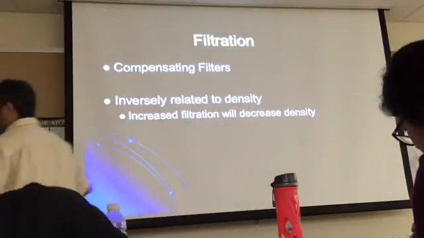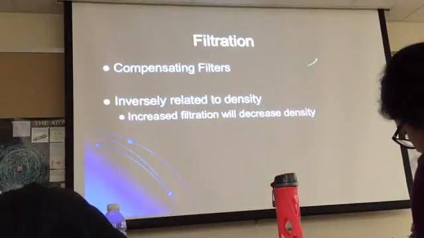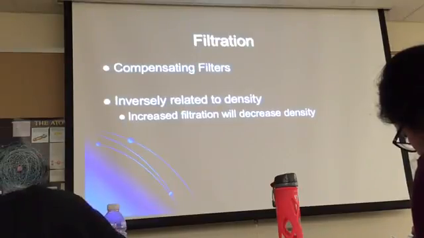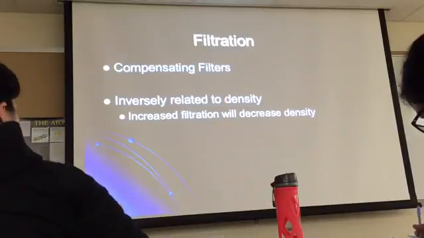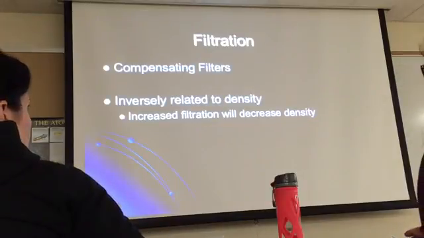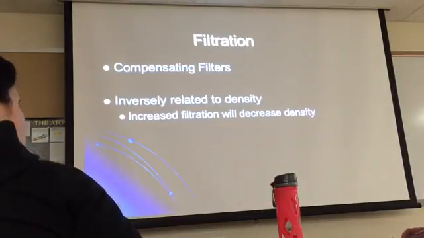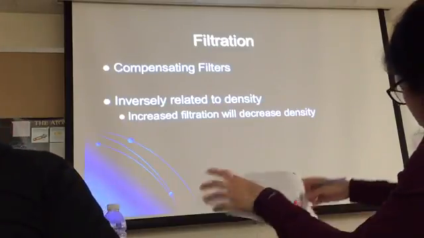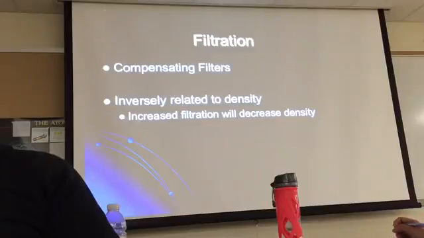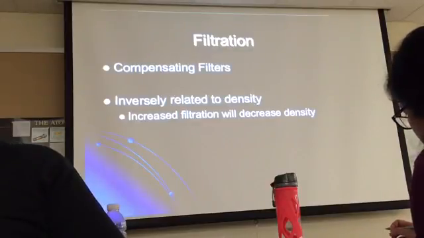By adding compensating filters, what happens to the density? It decreases. Inversely related to density: increase filtration, and it will decrease the density. Very simple. Does it increase contrast? Don't even think about that. It's really not related.